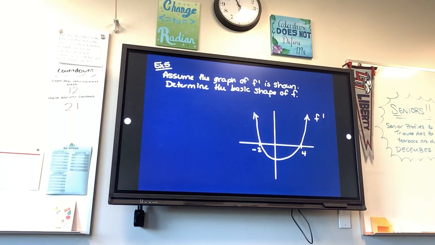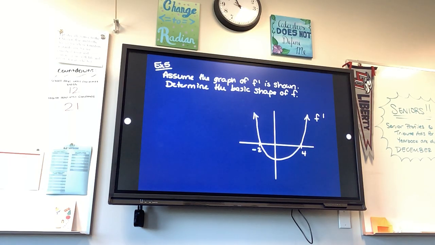This example is very similar to example 3. But can you look back at 3 and compare what's the difference between 3 and 5? Right, exactly. What you're given is opposite.